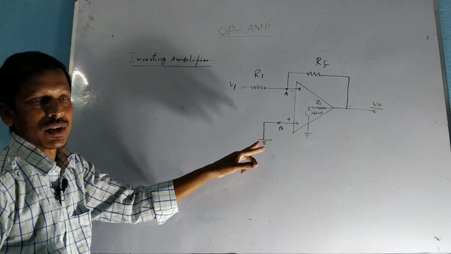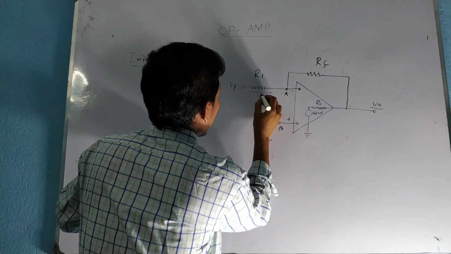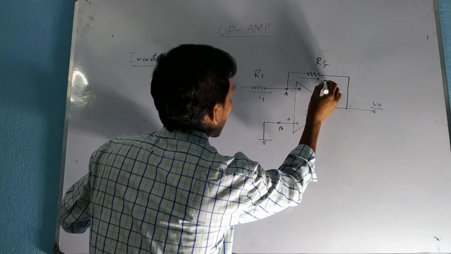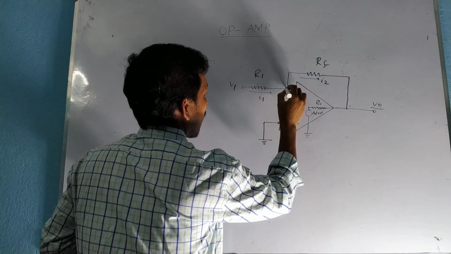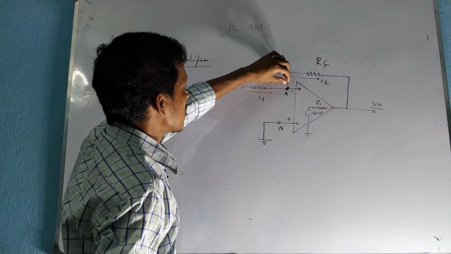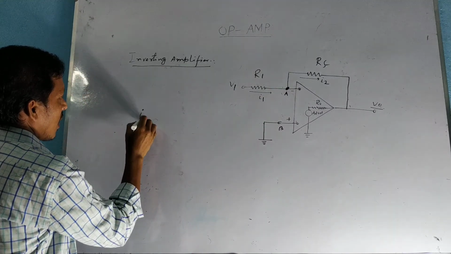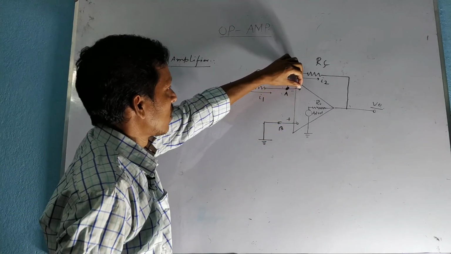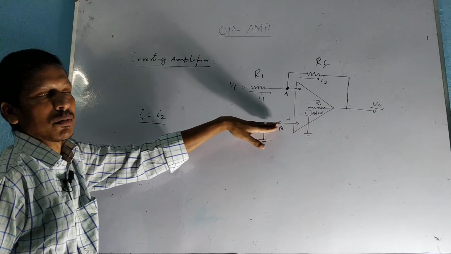the input terminal. Okay. So if we consider here the current is I1 and here the current is I2, and if we apply Kirchhoff's law at the point A, then I1 equals I2, because no current is flowing through the input terminal of the operational amplifier.